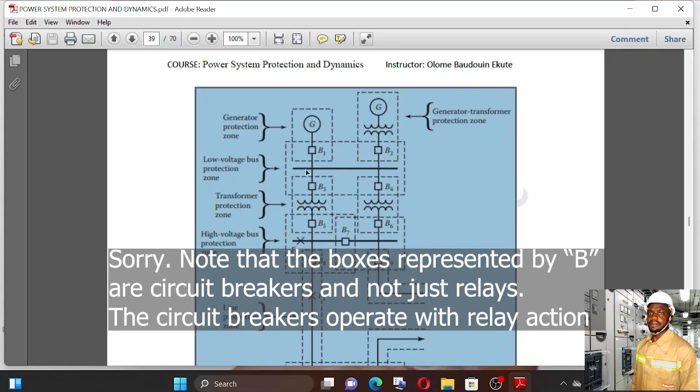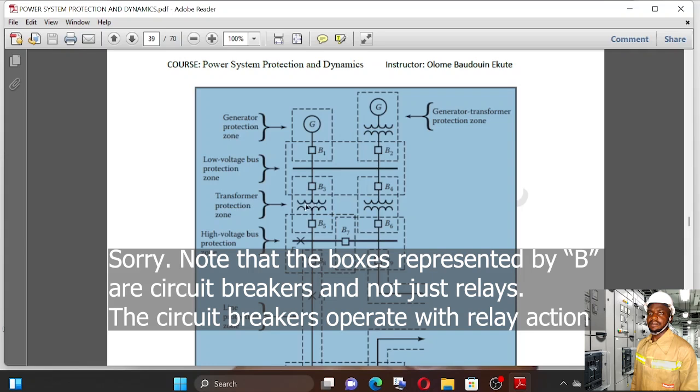Since it is the same bus, all those four relays fall under the same zone of protection. This is the zone of protection indicated here, right? And you see that when you draw it, it overlaps with this zone, and this other zone also overlaps with the zone of the bus. So that's what I was trying to describe above.